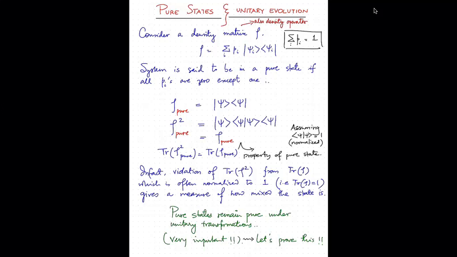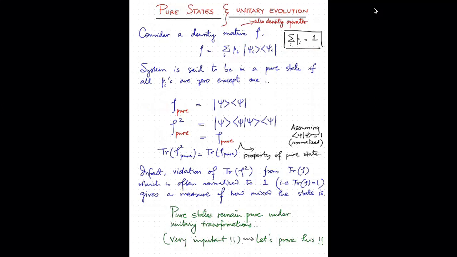Now the system is said to be in a pure state if all p_i's are 0 except one. So only one of them is non-zero, and since it has to satisfy the sum of p_i equal to 1, it's just 1. That is what we call a pure state, and it is written as rho pure equals psi outer product with psi.